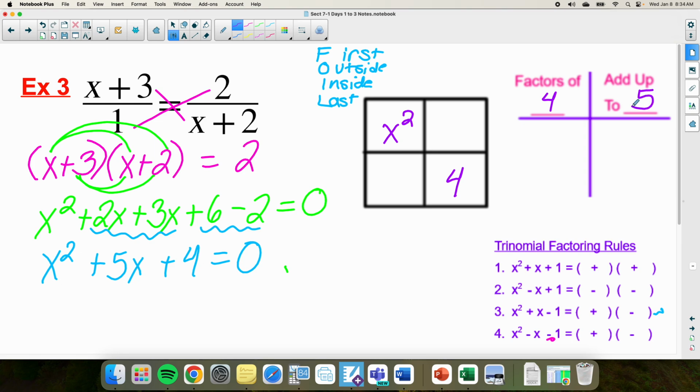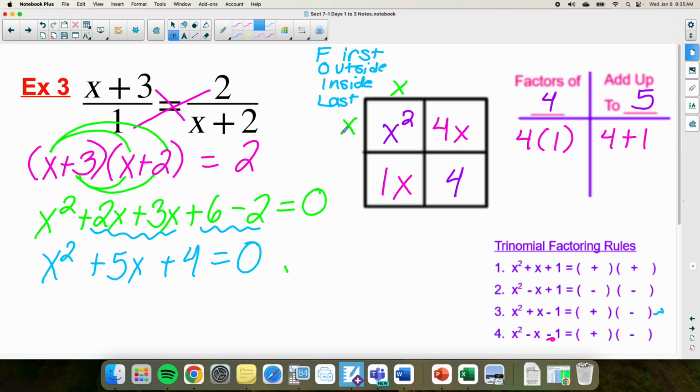Now, we have to decide what two numbers multiply to give us 4 and add to give us 5. What is it? 4 and 1. 4 times 1 is 4. 4 plus 1 is 5. Okay? So that means one of these is 4x, one of these is 1x. And then I decide what to put here and here. Every time this is going to be x squared, and this is going to be x, and that's going to be x.